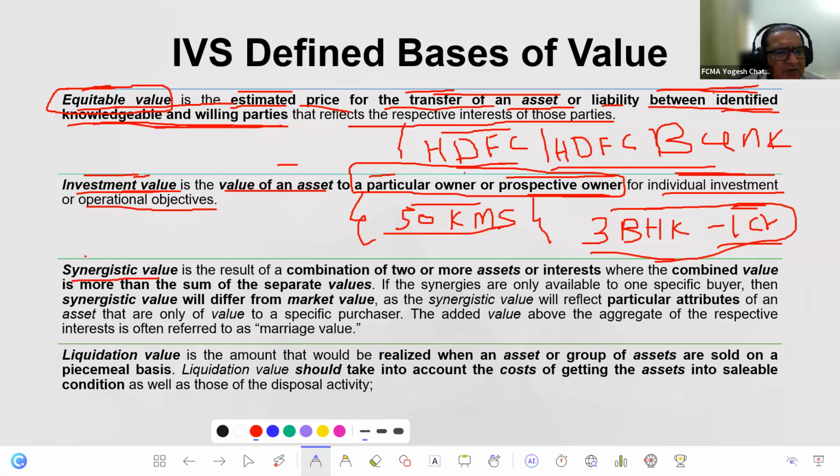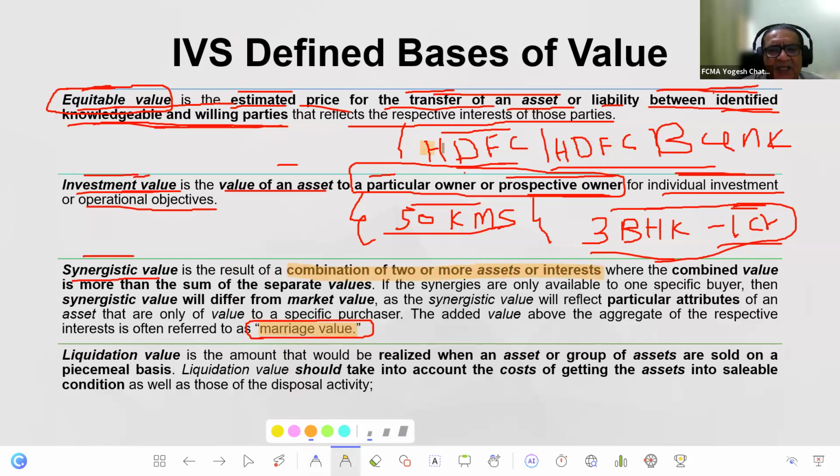Synergistic value, that is also known as the marriage value, and that is found mainly in cases of business combination transactions. So that is the result of combination of two or more assets or interests.